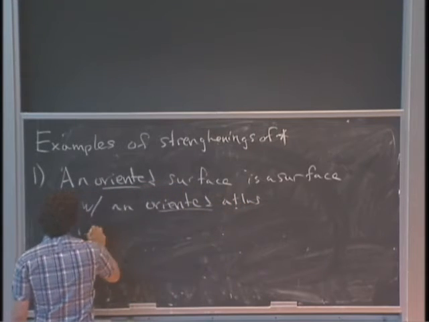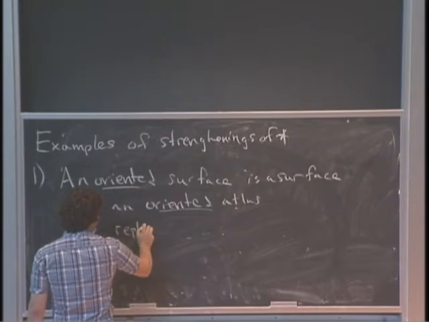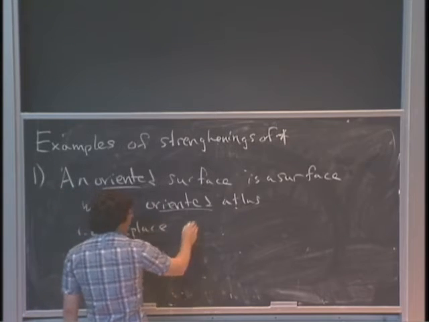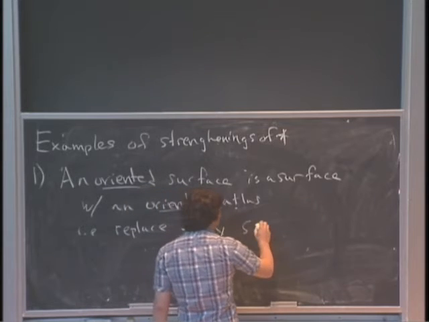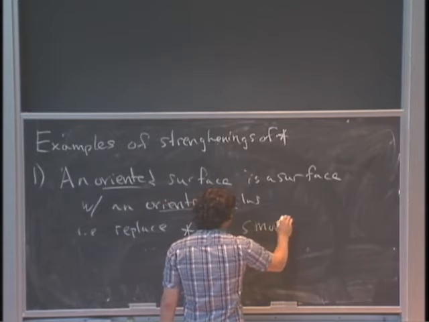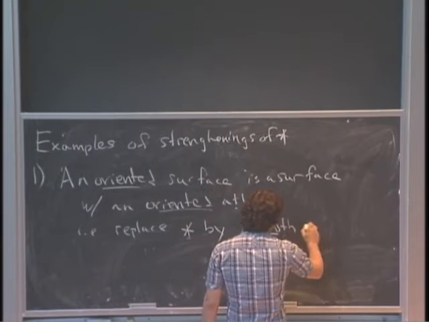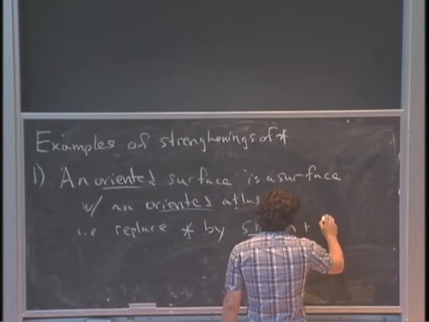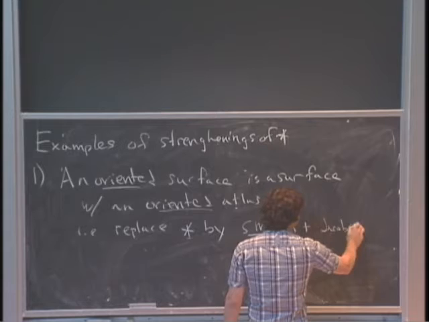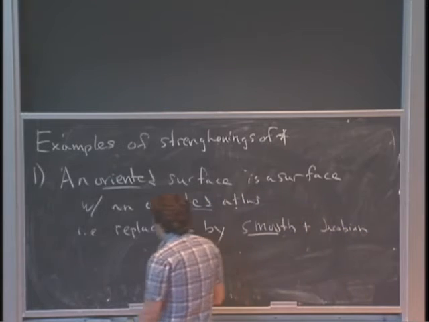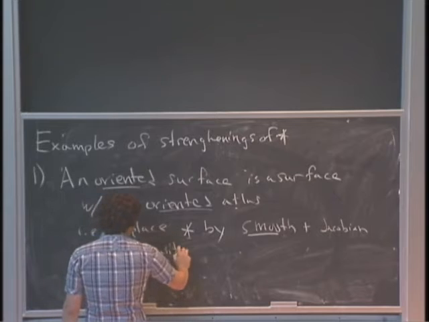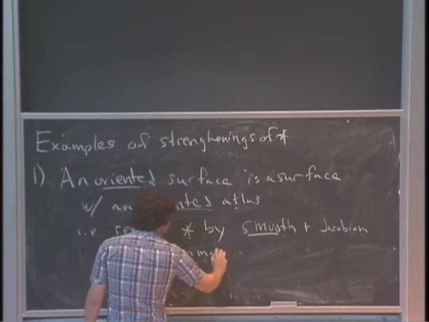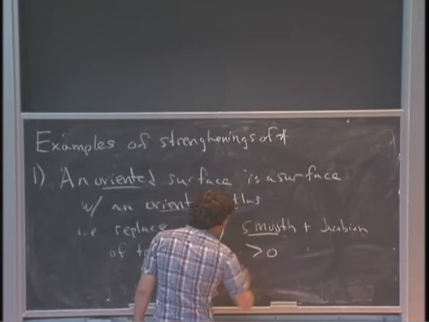So in this case, we take the same definition, but we replace star by smooth, so it's still smooth, but we impose an additional condition, that the Jacobian of the transition maps is positive. Okay?